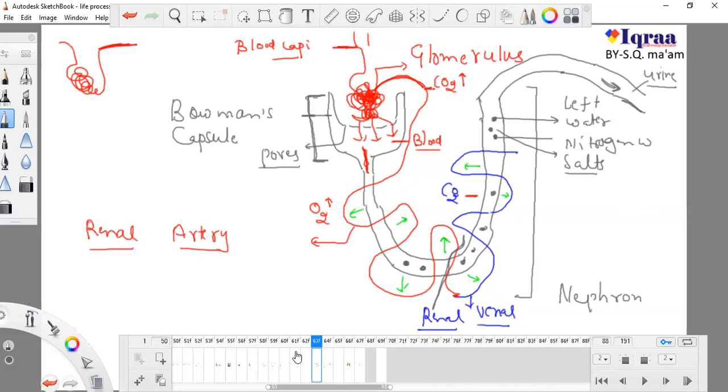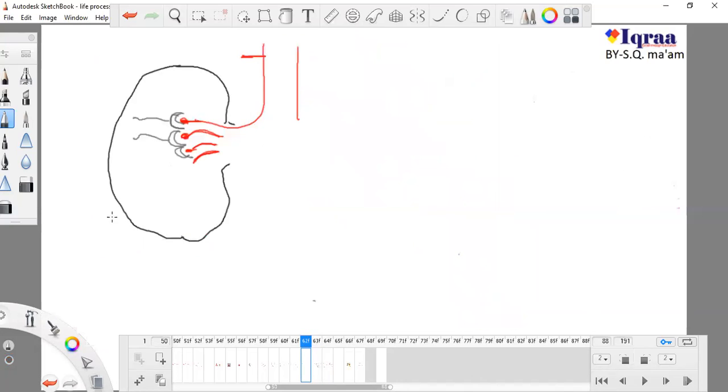Now let me explain this with an example. This is the glomerulus. I'm telling you about only one nephron. So this is my nephron.